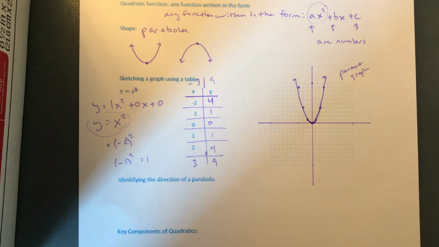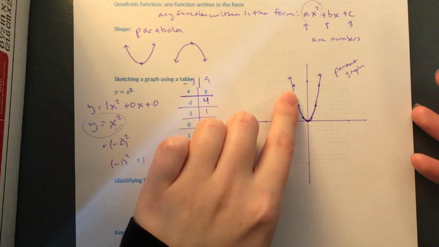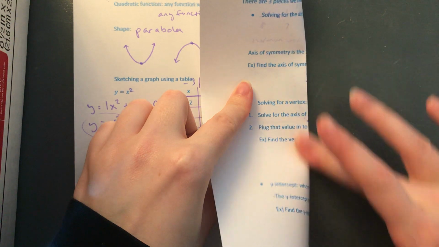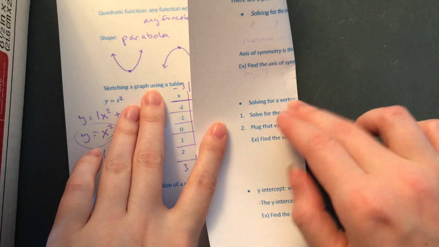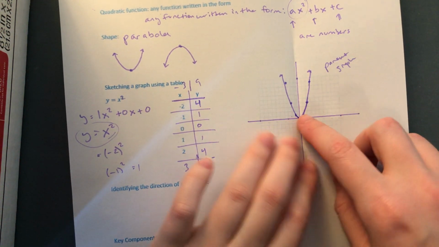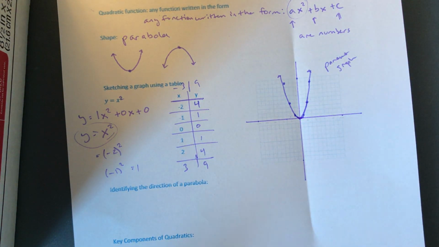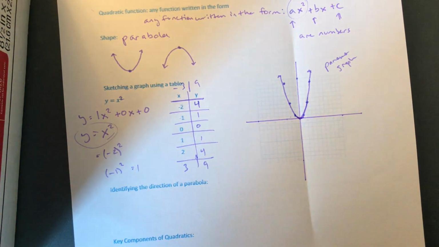And if you notice, I usually do this in the classroom, so it's kind of hard. If you folded your paper, let's see, can I do this? Probably not. Oh, that was pretty good. If you fold your paper, the parts lay directly on top of each other. They mirror each other across this line. And so a cool thing that we're going to take advantage of about parabolas is because of the degree being 2, because you're squaring something each time, it makes one side of it match the other side.